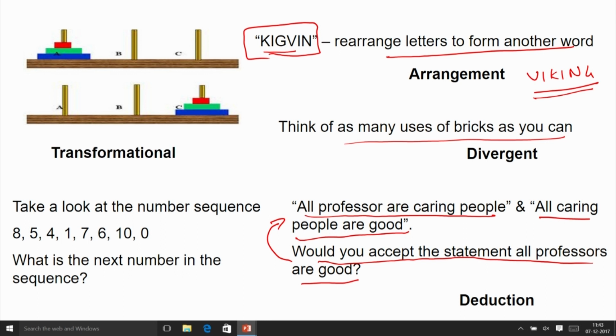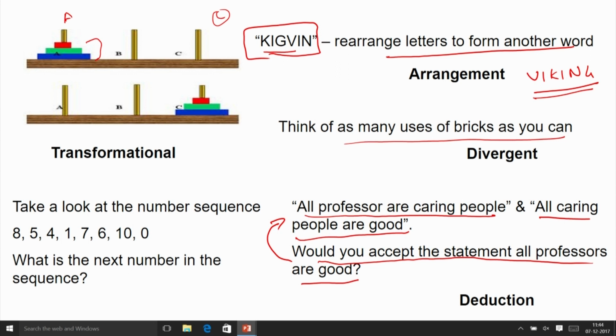The fourth kind of problem is called the transformational problem. In a transformational problem, you have the initial state and the goal state known to you, and you have to use a particular strategy to arrive from the initial state to the goal state. As you see, this is called the Tower of Hanoi problem, and the requirement here is to move these three circles from position A to position C. Same arrangement here.